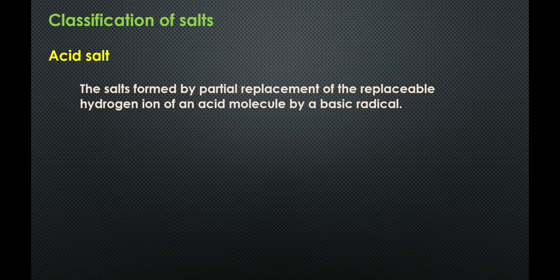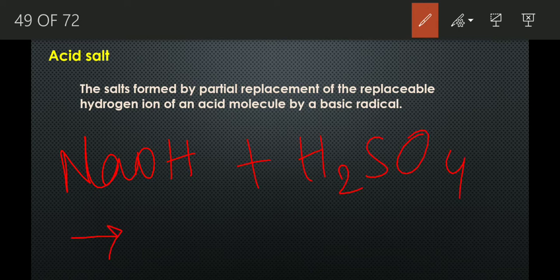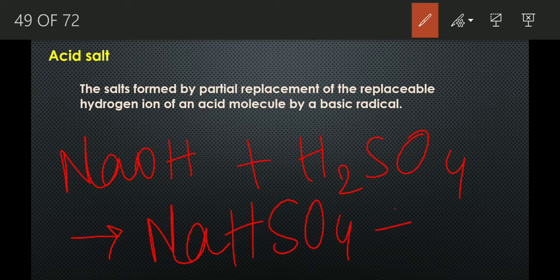Now, classification of salts. First type is the acid salt. Acid salts are those salts which are formed by the partial replacement of the replaceable hydrogen ion of an acid by a basic radical. I have already told you about this. I am again repeating the example. If we take NaOH and H2SO4, and there is partial replacement of the hydrogen ion, then the salt which is formed is NaHSO4, sodium bisulfate. Here it contains one replaceable hydrogen ion.